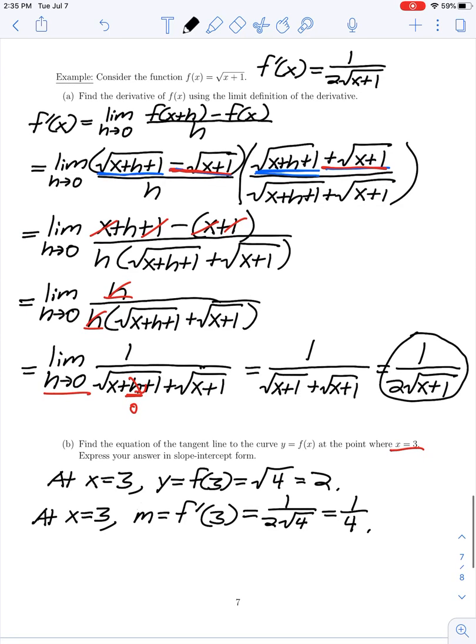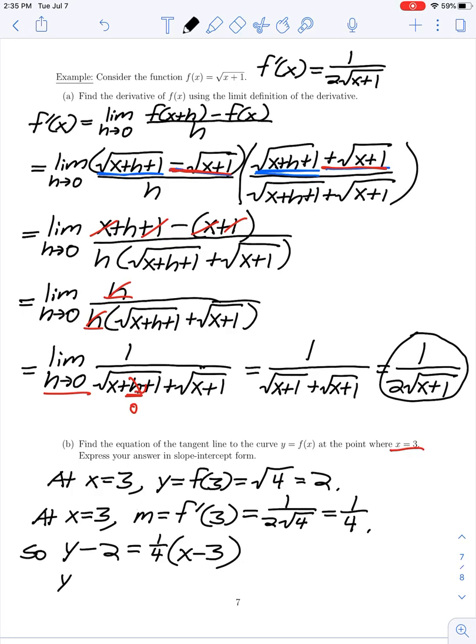So now that I have a point on my line and the slope of that line, we can use point-slope form to find the equation of the line, which would be given by y minus the y-coordinate, which we found to be 2, is equal to m, our slope, which was 1/4, times x minus the x-coordinate for our point on the line, which was 3.